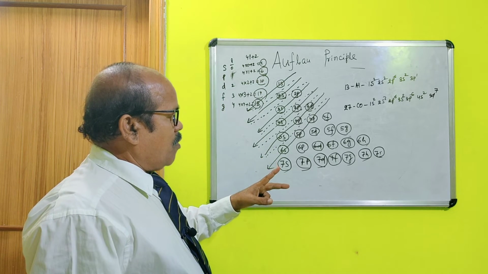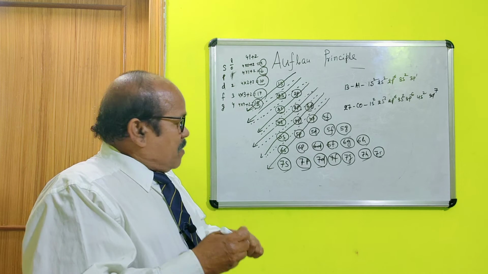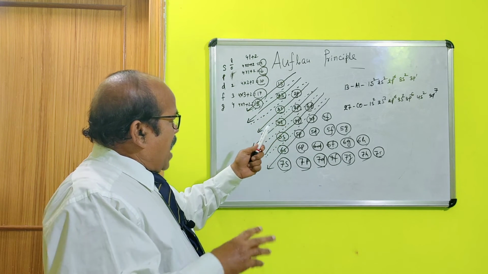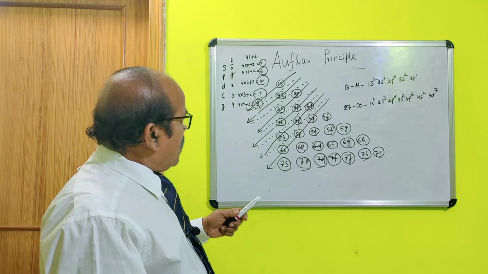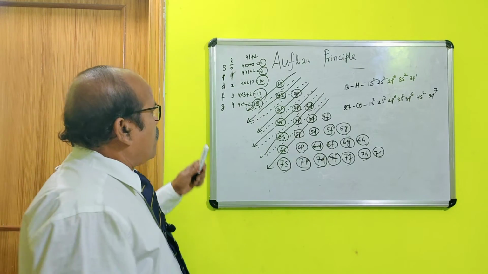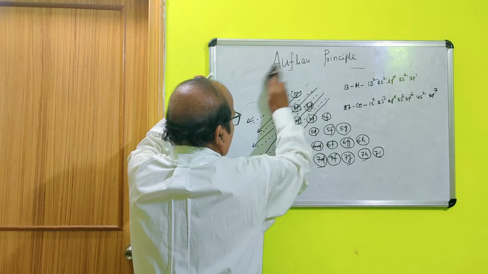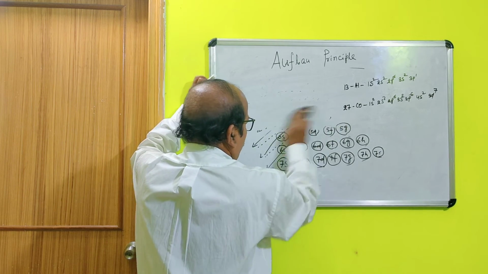Where the electrons will go, that is given by Aufbau principle. Instead of arranging the electrons or moving the electrons into subcell, there is another formula for Aufbau principle.